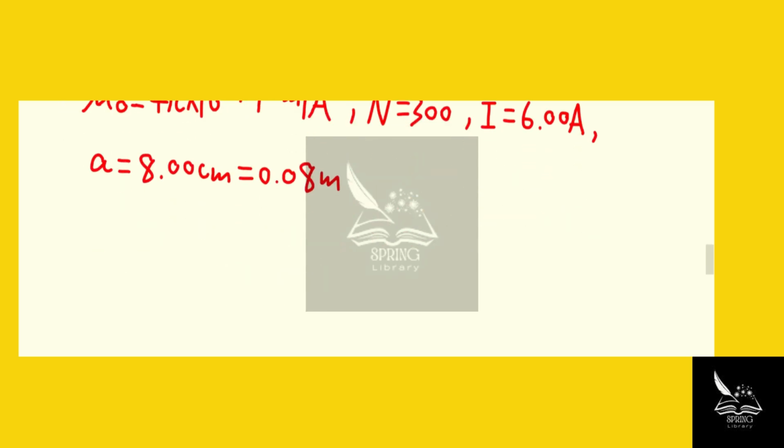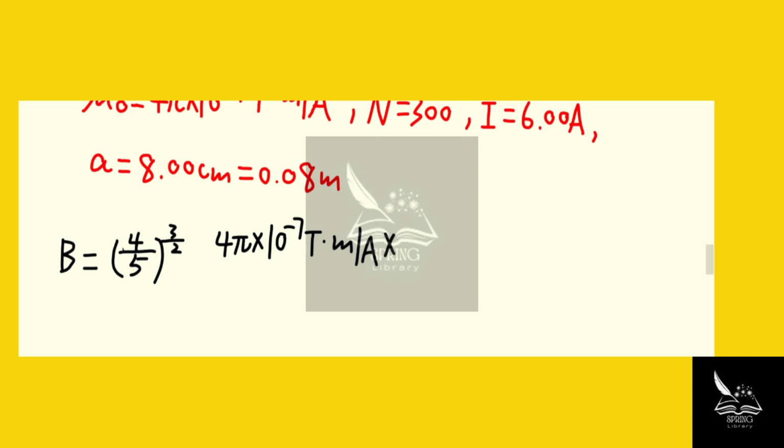So we have the magnetic field at point P is equal to, let's do the fraction first, 4 over 5 to the power of 3 over 2 times 4 pi times 10 to the power of -7 Tesla meter per ampere, then times 300, then times 6.00 ampere over 0.08 meter.